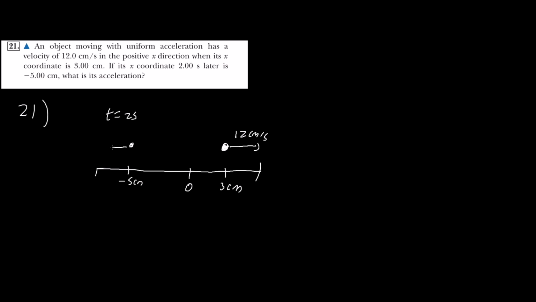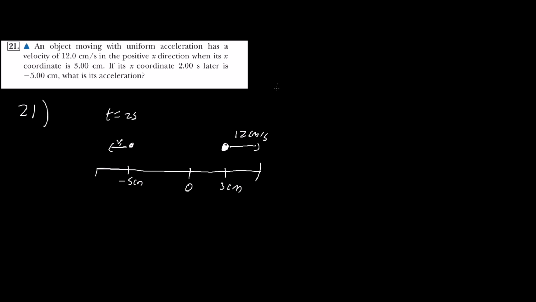We know that the direction of the final velocity has to be in some positive direction. Because if initially it's at 12 centimeters per second when t equals 0 at this point, at 2 seconds it might go a little further, and then it's going to come back down to negative 5 centimeters. That's going to be its new position. What is its acceleration?